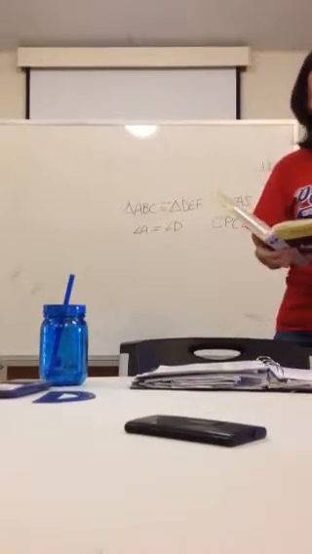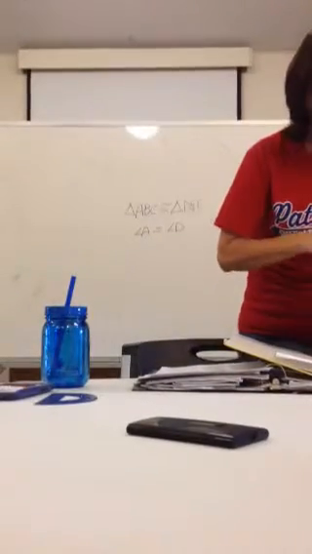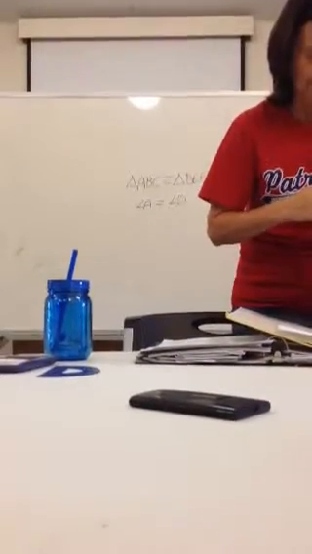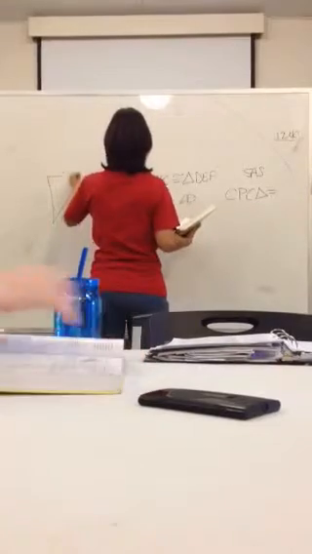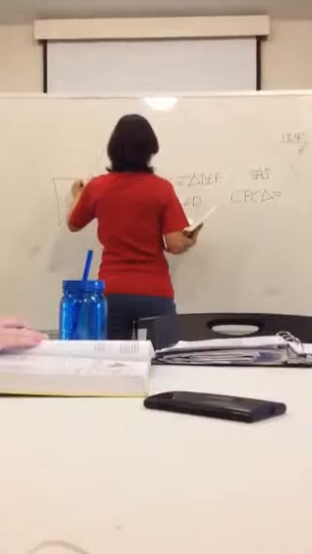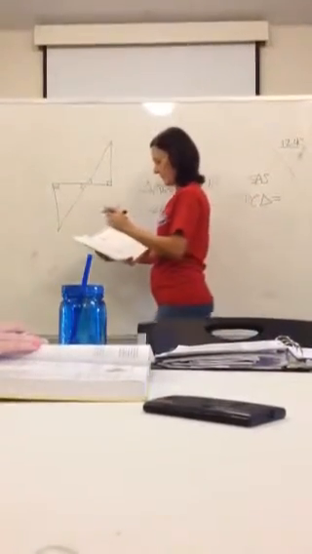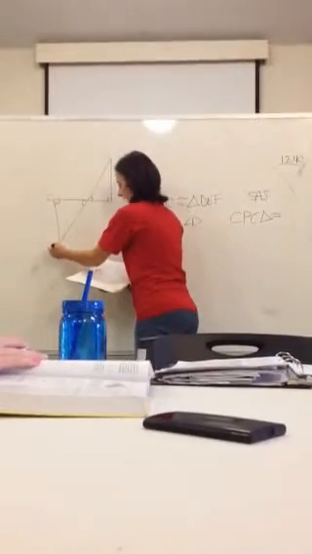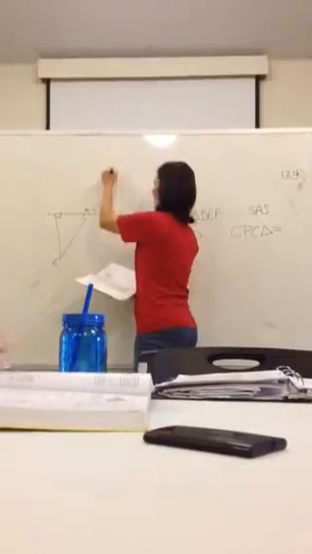Okay? Now let's work through this proof on page 152. We have the 2 triangles. And this is based on those cowboys. Look what we have given. Let me label this. C, E, B, A, D. All right.